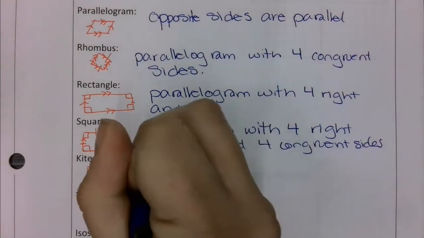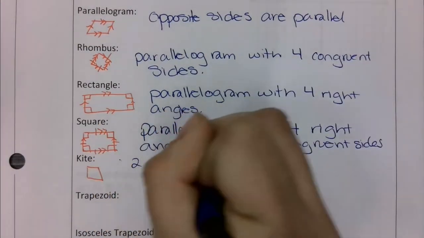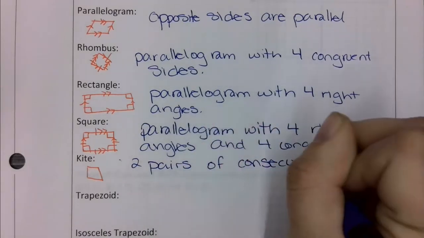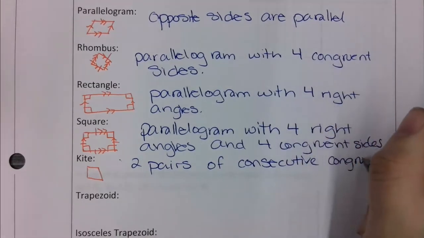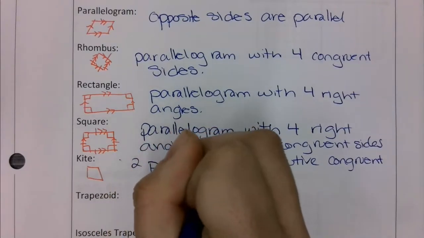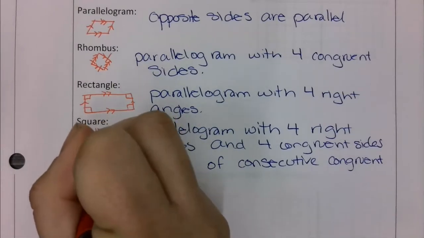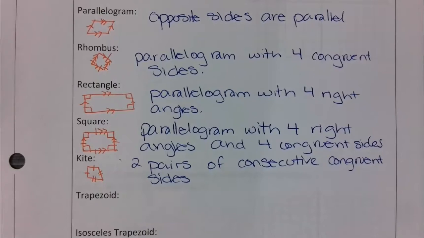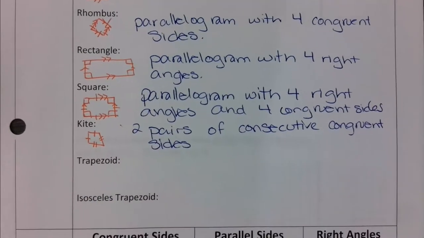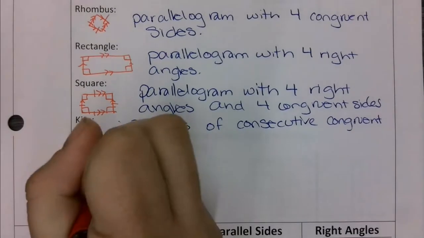So a kite is 2 pairs of consecutive congruent sides. Okay. A trapezoid has exactly 1 pair of parallel sides.